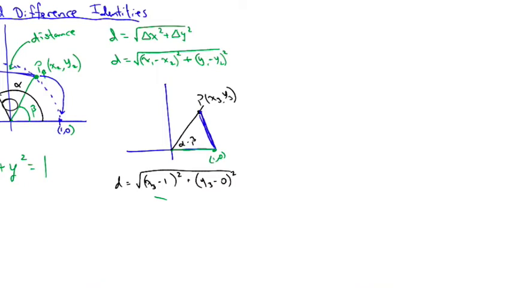Oh, and by the way, since I'm setting two square roots equal to each other, what can I do with the square roots? I can just drop them.